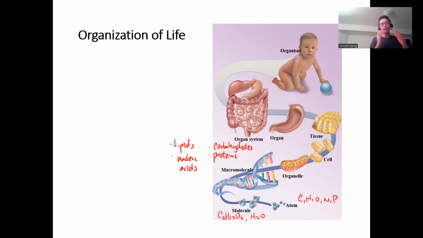Okay, and so today we are moving up this ladder, right? We are going one level higher to see the next level of organization. Okay, and that is organelles and cell. And in fact, we're going to spend quite a bit of time talking about the cell in the course, all the way up to lecture 9, focusing on various things that are happening within the cell. But today, in this particular lesson, we will learn the features of a cell first.